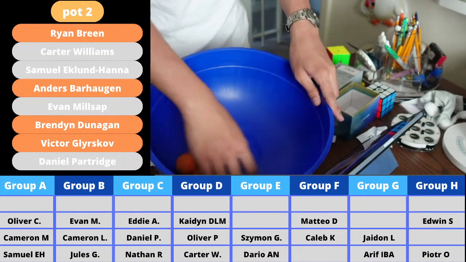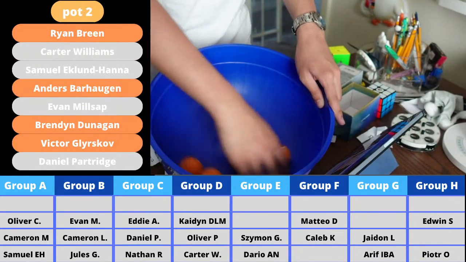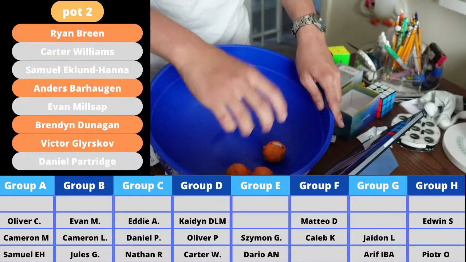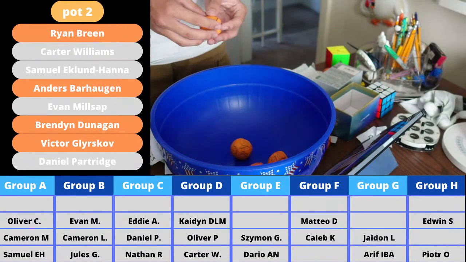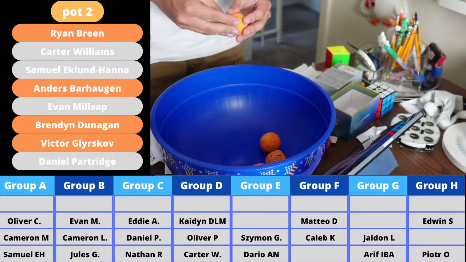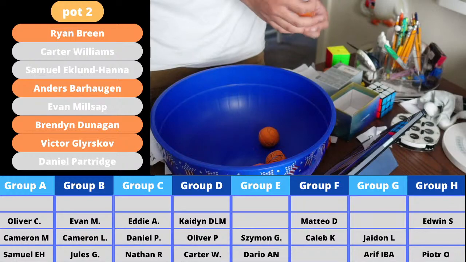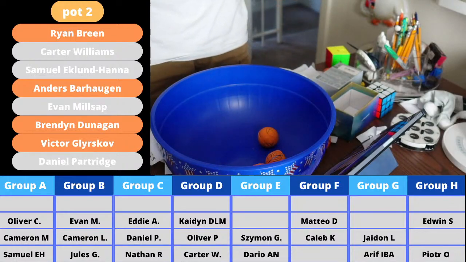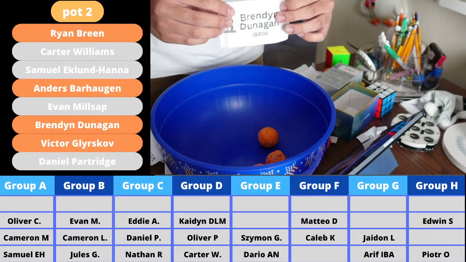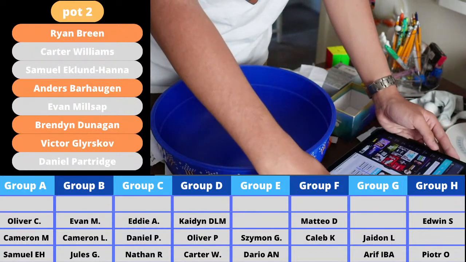Alright, let's move on. Group E. You have Brendan Dunnigan. Brendan Dunnigan is in Group E, in position E3.